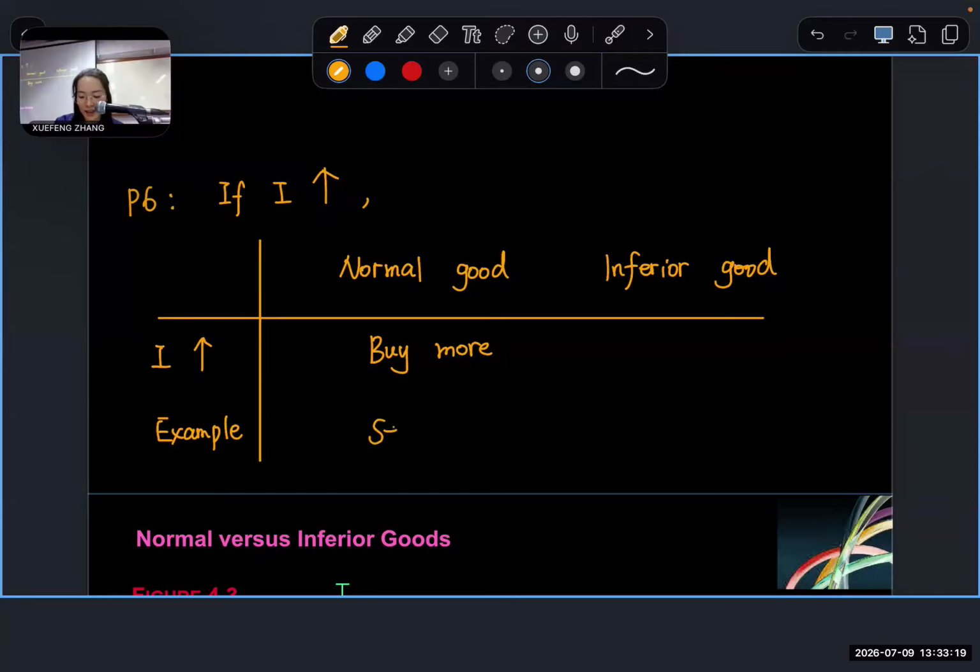Let's say steak. So for inferior goods, if our income rises, we're gonna buy less because it's inferior. What is the good that if you have more income, you're gonna buy less? Can you give me one example?